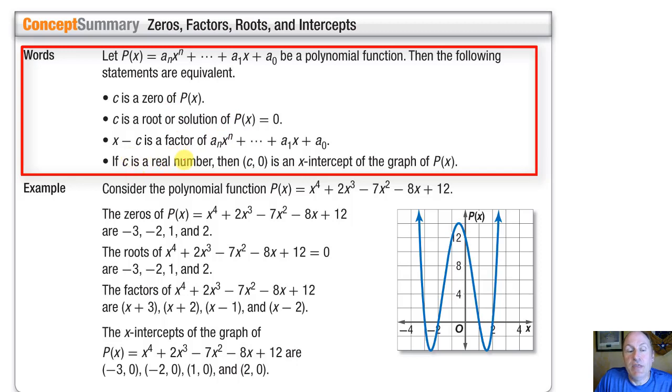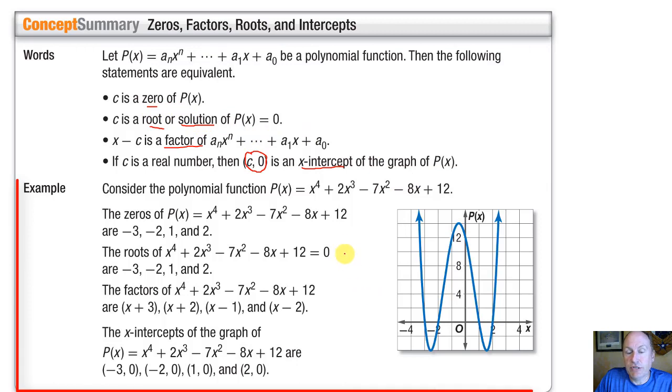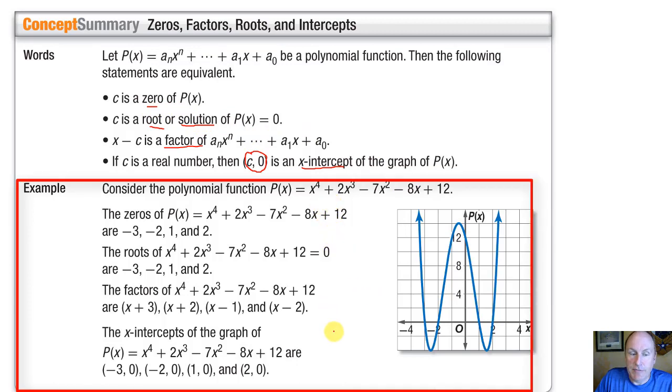And finally, that also tells us that (c, 0) is an x-intercept. So all these terms are related to each other. The factor, the root, the solution, the zero.